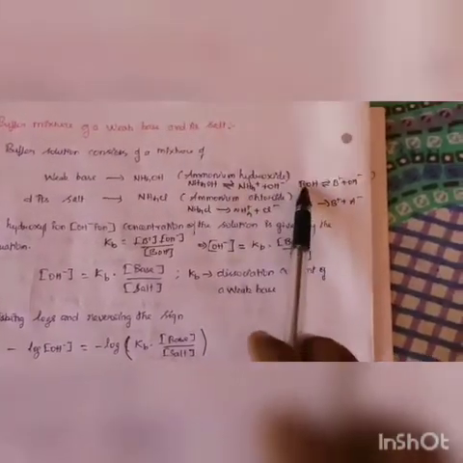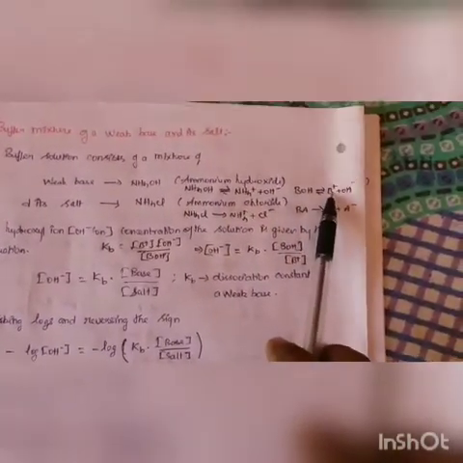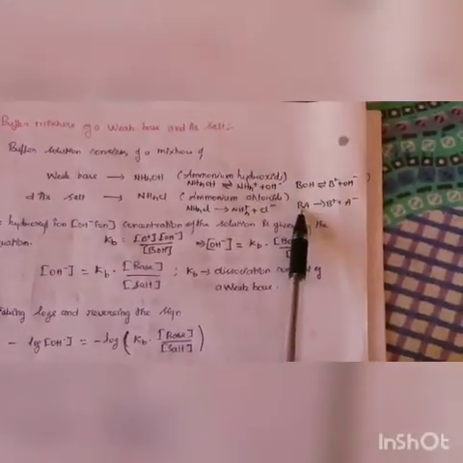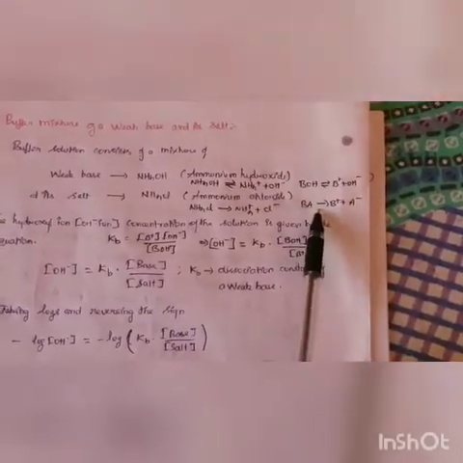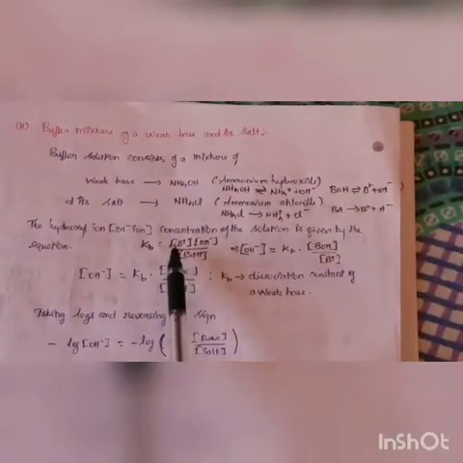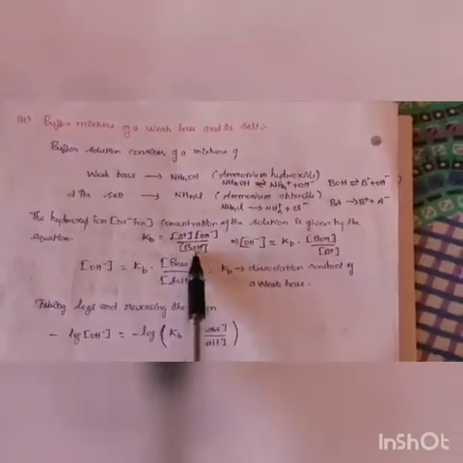I am writing this as BOH reversible to B plus plus OH minus, which is in equilibrium, whereas the salt BA completely dissociates to B plus and A minus. Taking the equilibrium constant for the base, Kb is equal to the concentration of B plus into the concentration of OH minus divided by the concentration of BOH.